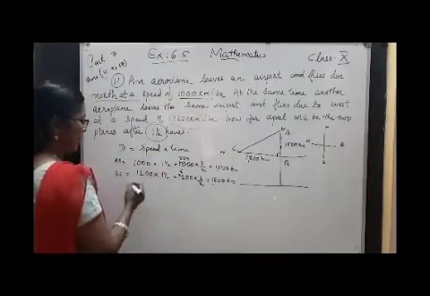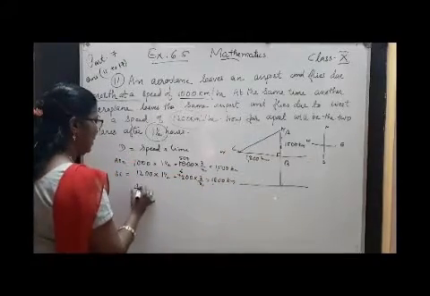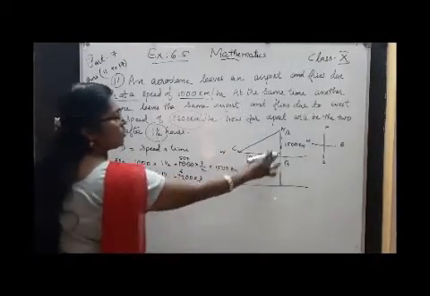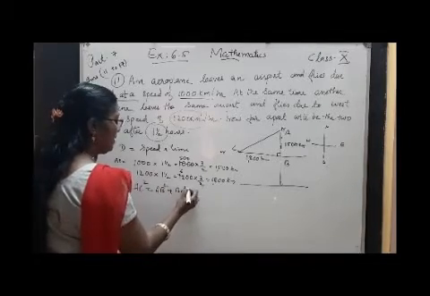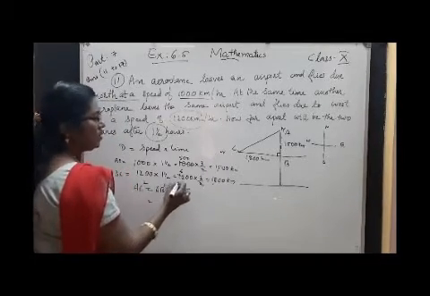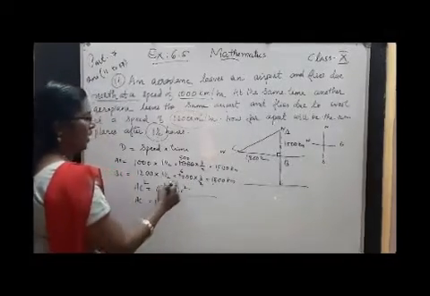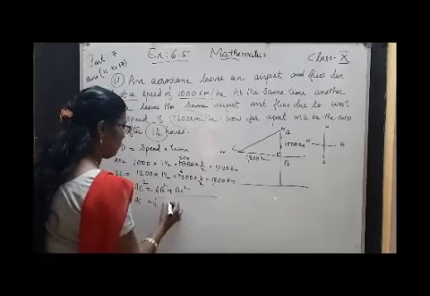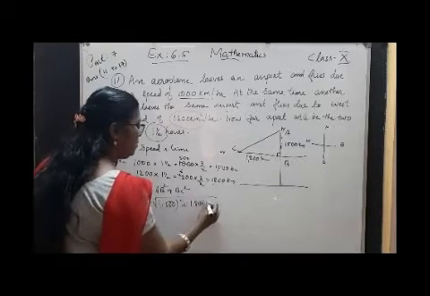In right angle triangle ABC, right angle at B, hypotenuse AC. AC square equals the sum of the squares of the other two sides, AB square plus BC square. That is AC equals root of AB square, AB is 1500, the whole square, plus 1800 whole square.